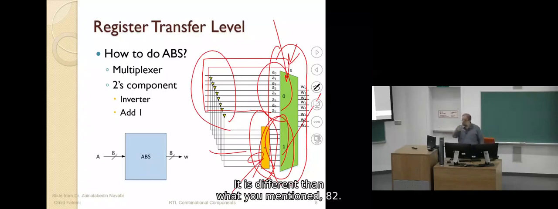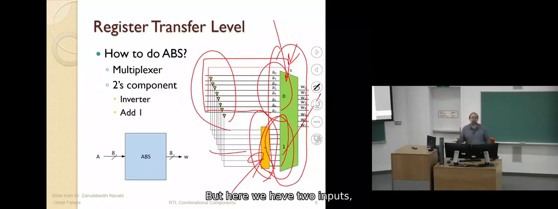It is different from what you mentioned, selecting one of 8 inputs going out. Here we have 2 inputs, but 8 of those 2-input multiplexers. Okay? Good. So this is our topic today.